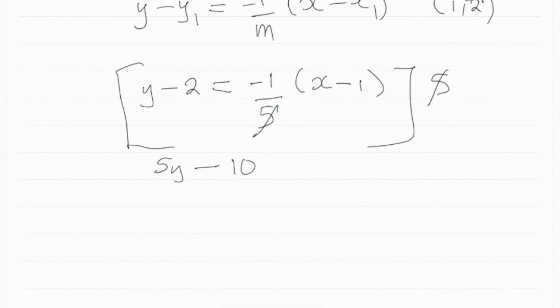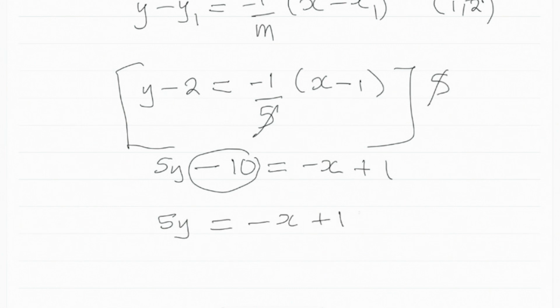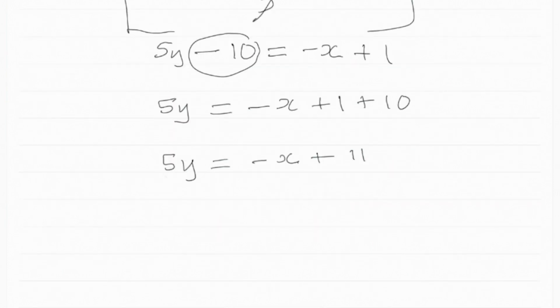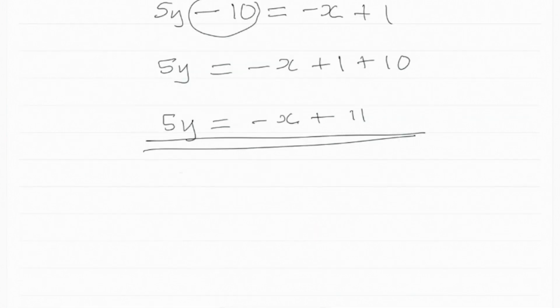So after expanding, then you are going to say, we transpose negative 10 to the other side. We have 5y equals negative x plus 1 plus 10. And this gives us 5y equals negative x plus 11, which gives us, if one, two can leave our answer at this level, but we can also say, dividing throughout by 5, we say 5y over 5 equals negative x over 5 plus 11 over 5.